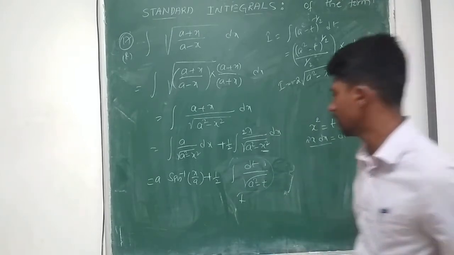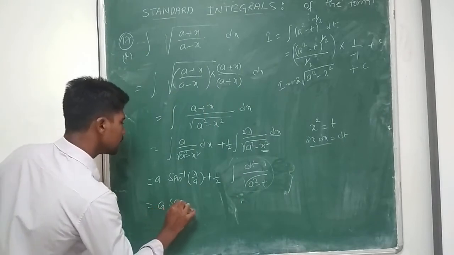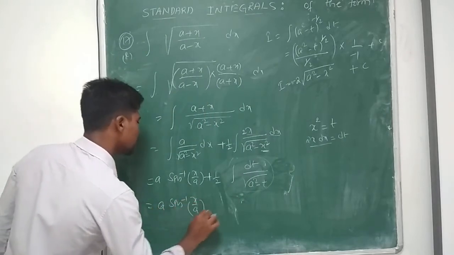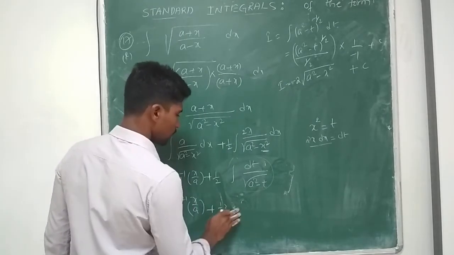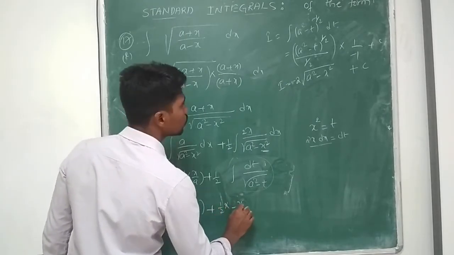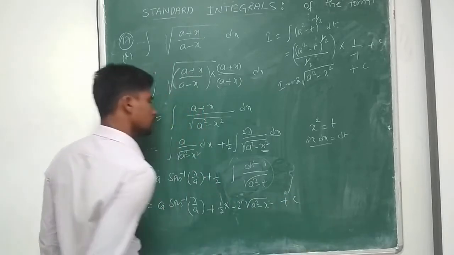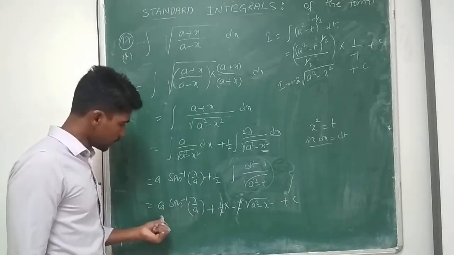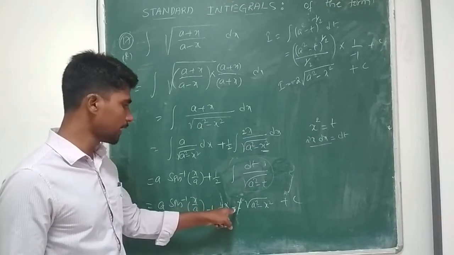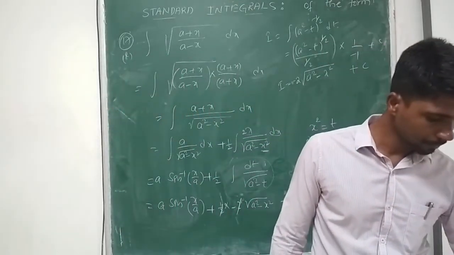Now what is our answer? Our answer will be equal to a sin inverse of x by a plus 1 by 2 into minus 2 root of a square minus x square plus a constant c. 2 and 2 get cancelled. Our answer is a sin inverse of x by a minus root of a square minus x square.